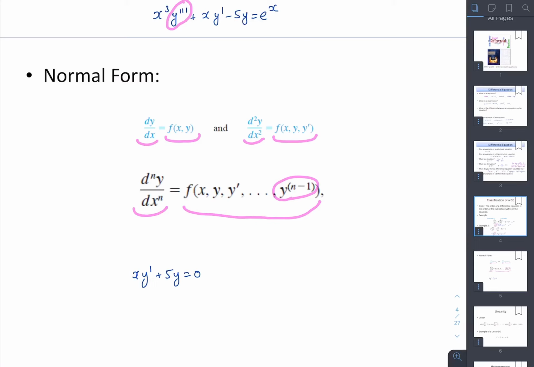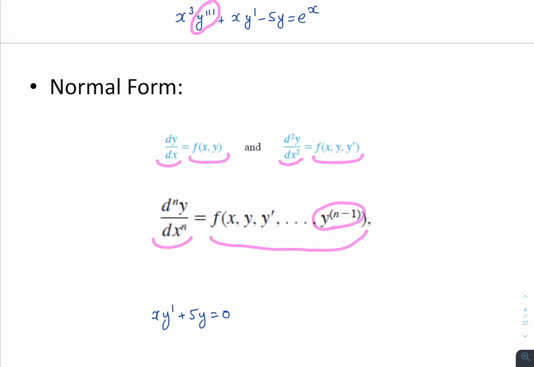For some of you, I'm very positive you have seen this in your calculus, but just in case you haven't seen it for higher order derivatives, it is customary to write these things this way. We write y prime as the first derivative, that's the second derivative, and this is the third derivative.